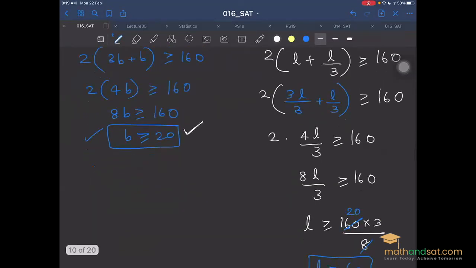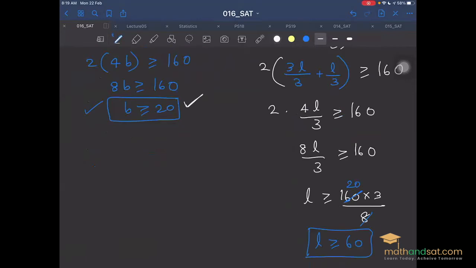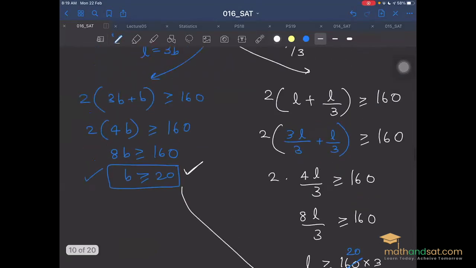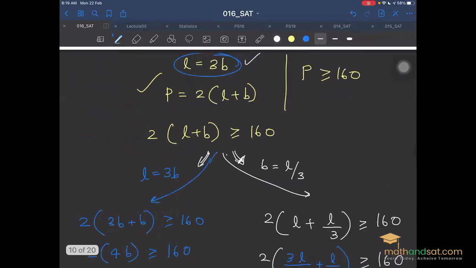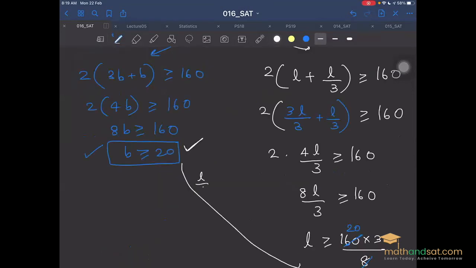Now, one more thing I want to tell you is, once you have B greater than or equal to 20, to reach this step, it is easy. How can you do that? Your B is given to be L by 3, right? You replace B is equal to L by 3 here. So your L by 3 is greater than or equal to 20.